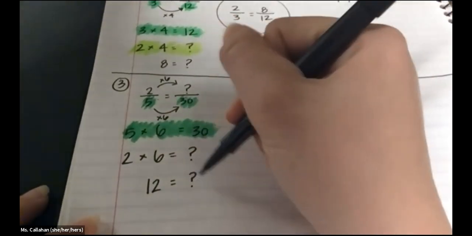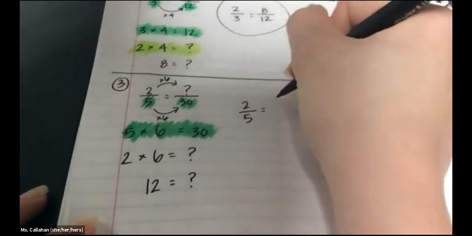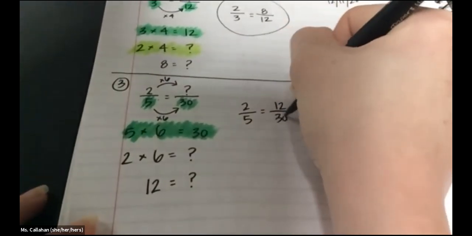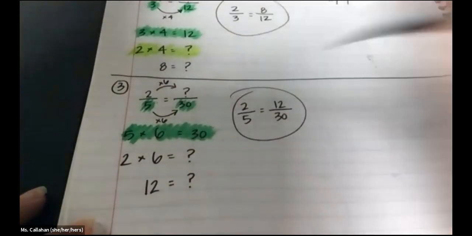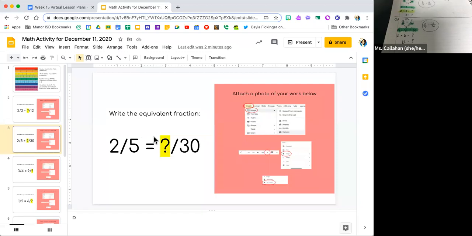So I now know the value of the question mark can be plugged in right here. So 2/5 equals 12 over 30. This is my answer. I'm going to circle it. And now I'm going to bounce back to my math activity and y'all are going to take a picture, okay, of your work.